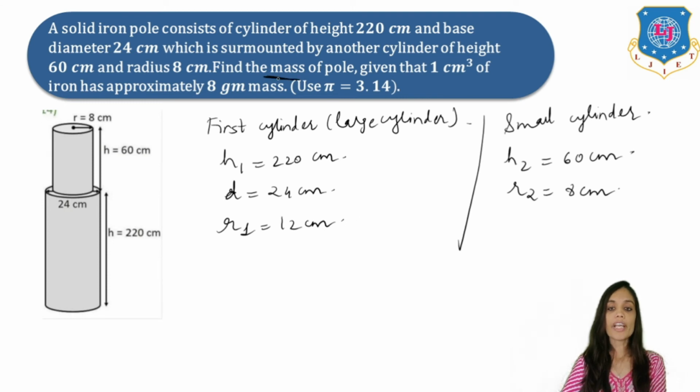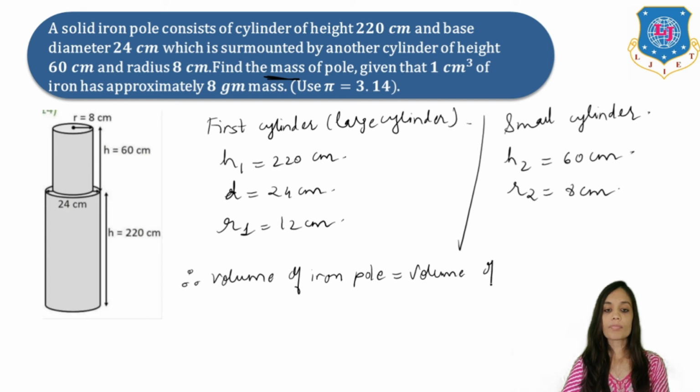Now in order to find the mass, firstly we will find the volume of this iron pole. So the volume of the iron pole will be given by the volume of the large cylinder plus the volume of the small cylinder.